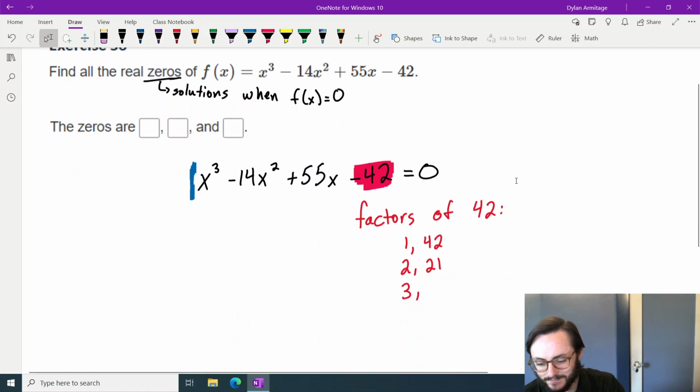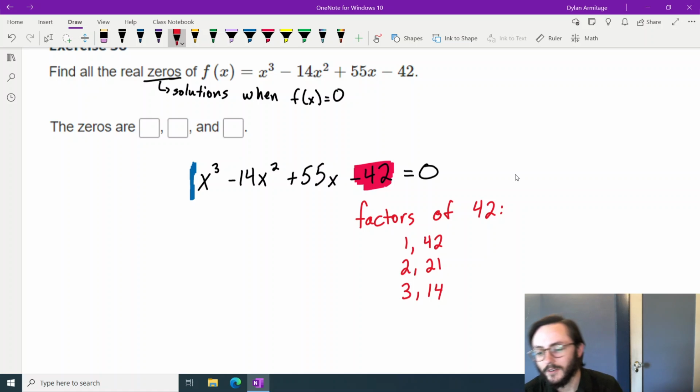Okay. 3 times 19, right? No. 3 times 14. Yes. There we go. Okay, so 3 times 14. Let's see, does 4 go into it? No. Does 5? No. Does 6? Yep. 6 times 7. And at that point, we know there's nothing else to do.